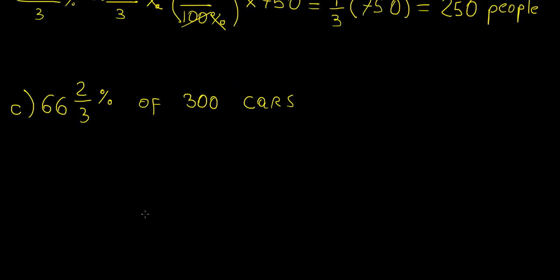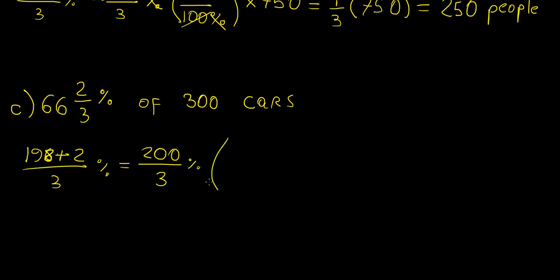And for the last one here, all we're going to do is do the same thing, convert this to a fraction. So that's going to become 3 times 66, that's going to be 180 plus 18, that's 198, plus 2 over 3, which is going to become 200 over 3.